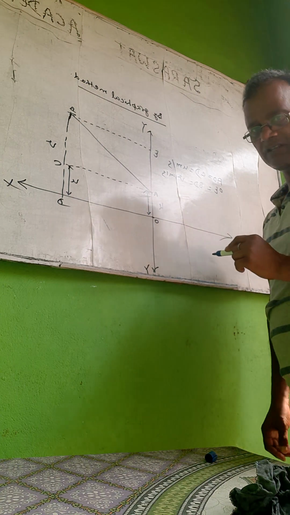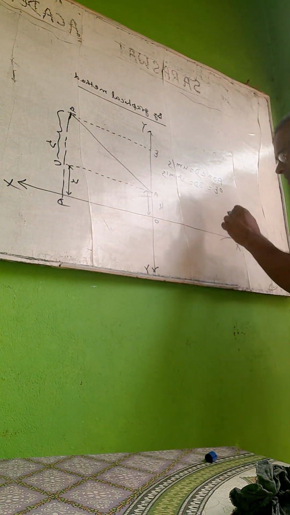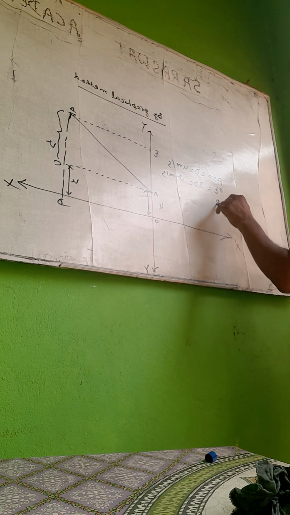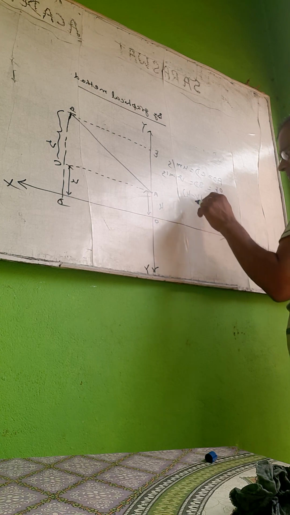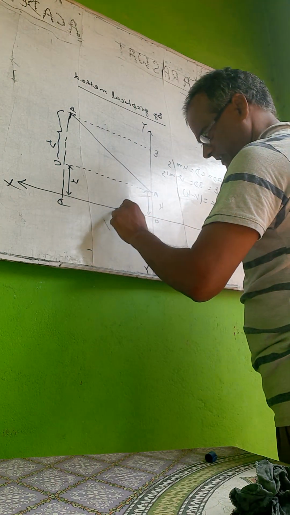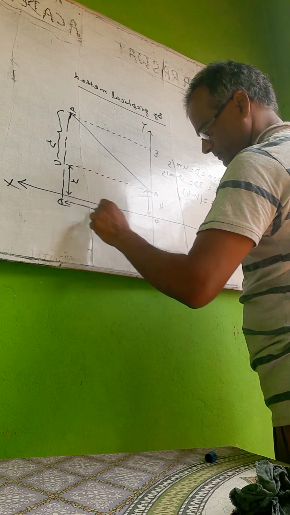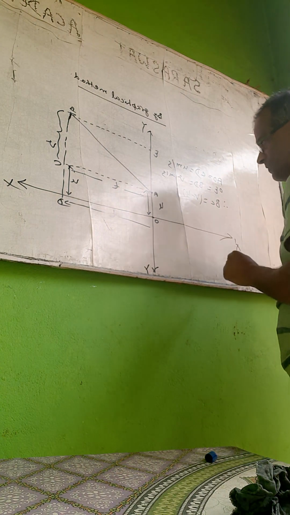Now anyone can say what will be the difference of this. Hence BC equal to v minus u, and next I let this value be t, and again t.